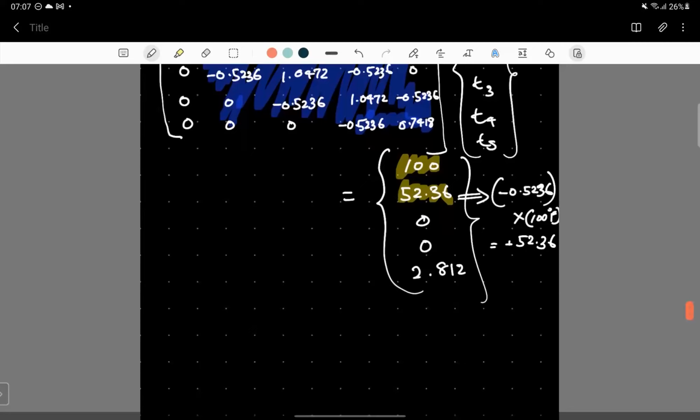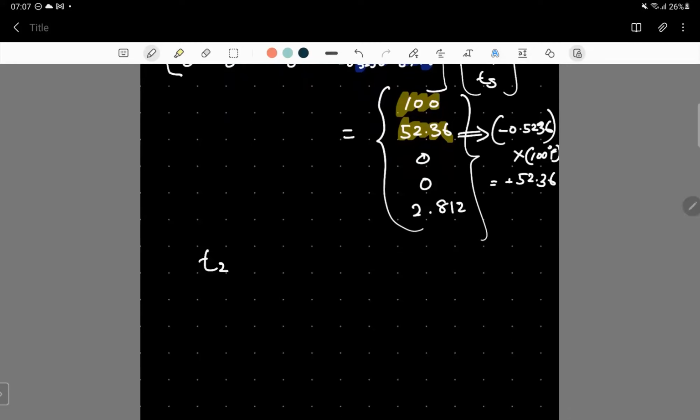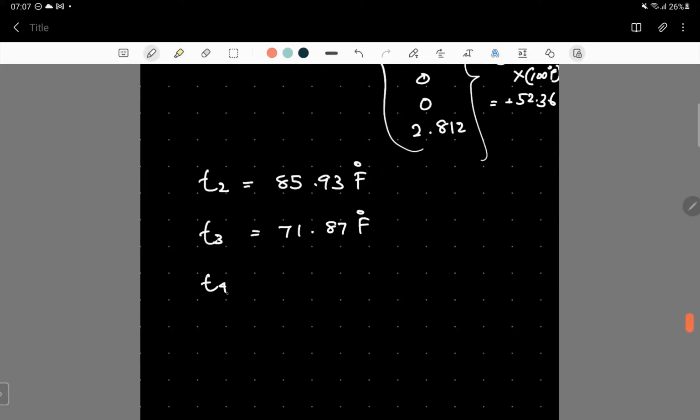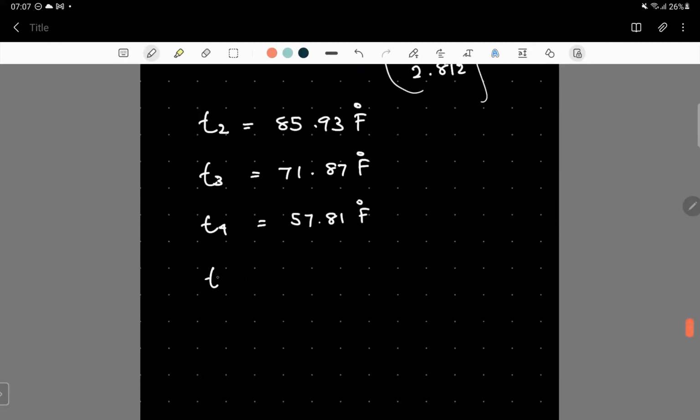So when you solve this matrix, you would get T2 equal to 85.93 Fahrenheit degrees, T3 equal to 71.87 Fahrenheit degrees, T4 equal to 57.81 Fahrenheit degrees, and T5 equal to 43.75 Fahrenheit degrees.